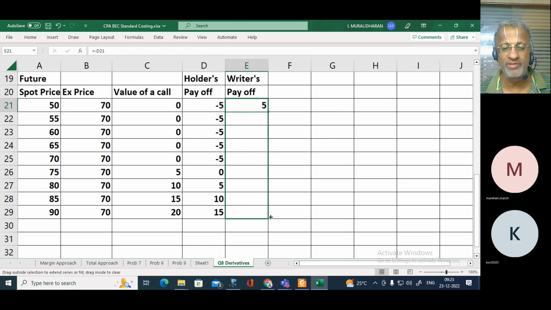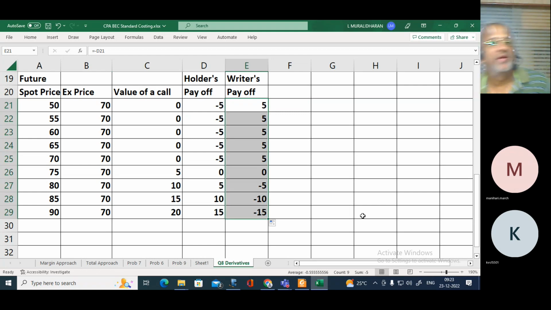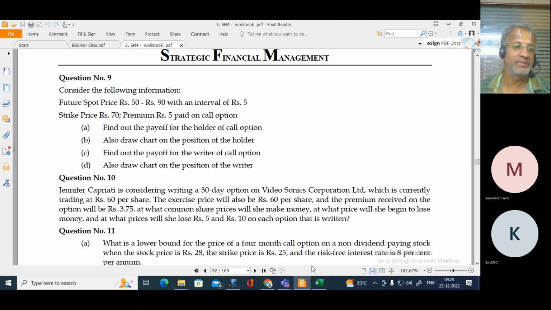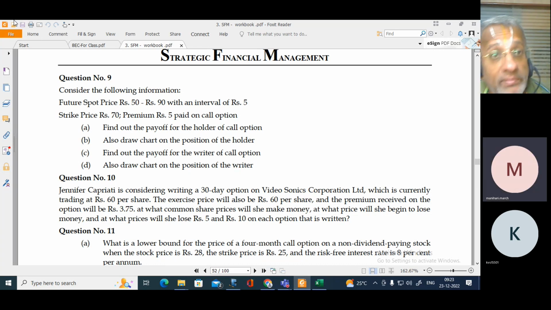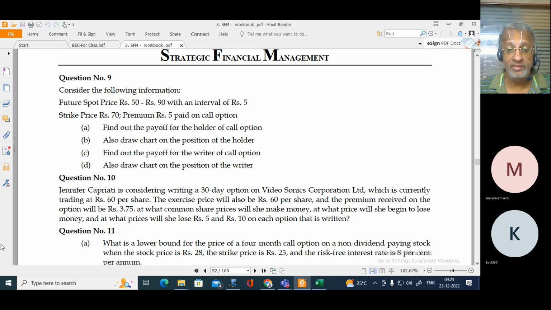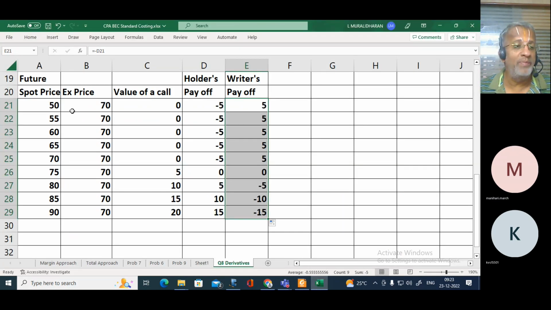See, why have I chosen to do this through Excel? Possibly you would be wondering, but there is a reason. Item B and item D are asking to draw a chart. If I draw it by hand, you would have to accept my bad drawing.